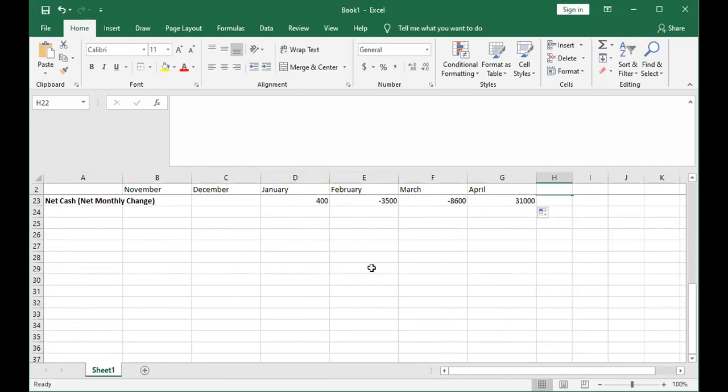You get to know when your business will have positive or negative cash inflow. Then the fourth one, you do the cash reconciliation. Before you do the cash reconciliation, you need to go back to the question and see if there is any information needed.